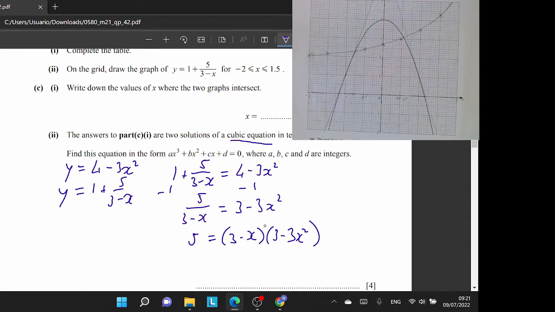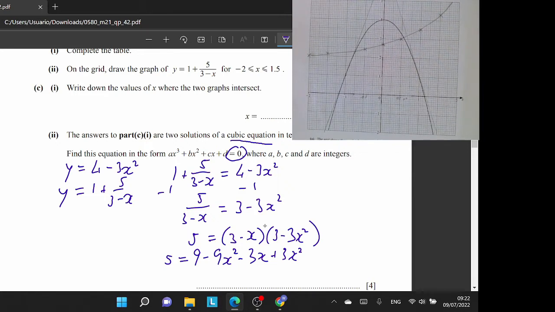Okay, let's multiply out these brackets. That will be 5 equals 3 times 3 is 9. 3 times minus 3x squared is minus 9x squared. Then minus x times 3 is minus 3x. And minus x times minus 3x squared will give me a positive 3x cubed. Okay, we need to set all of this equal to 0, which means we move the 5 across.